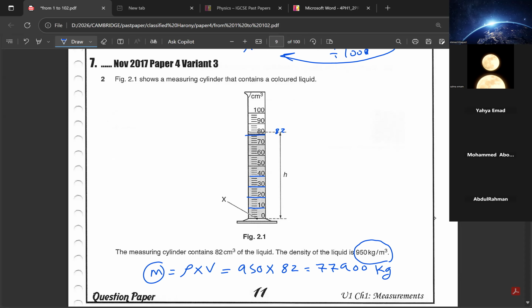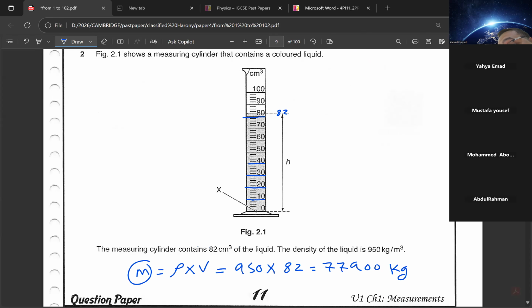Okay, who disagrees? So now, Abdurrahman, all the students agree with you. So this is the correct answer. This will be correct in Cambridge, but with me, it's not correct. Do you know why, Abdurrahman? No. Because he didn't convert centimeters to meter.